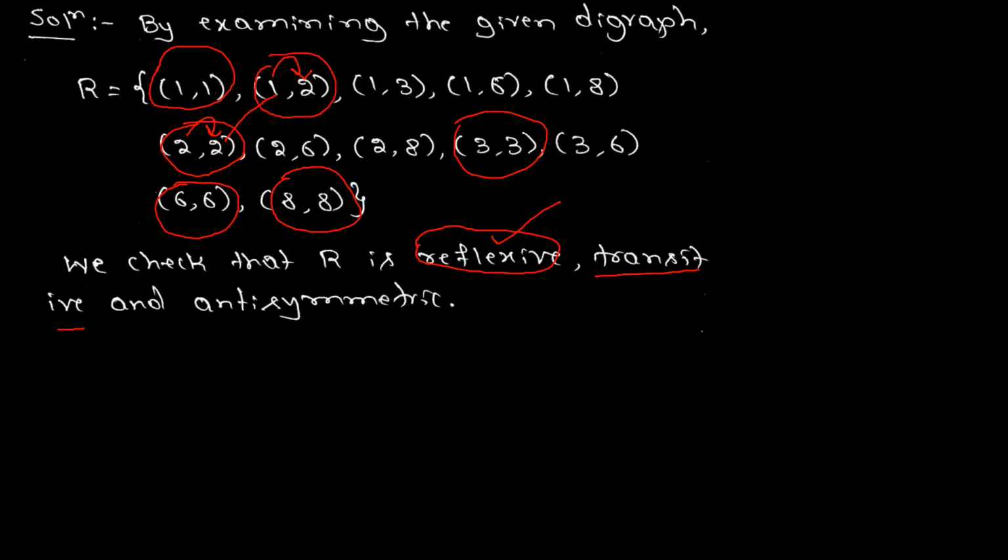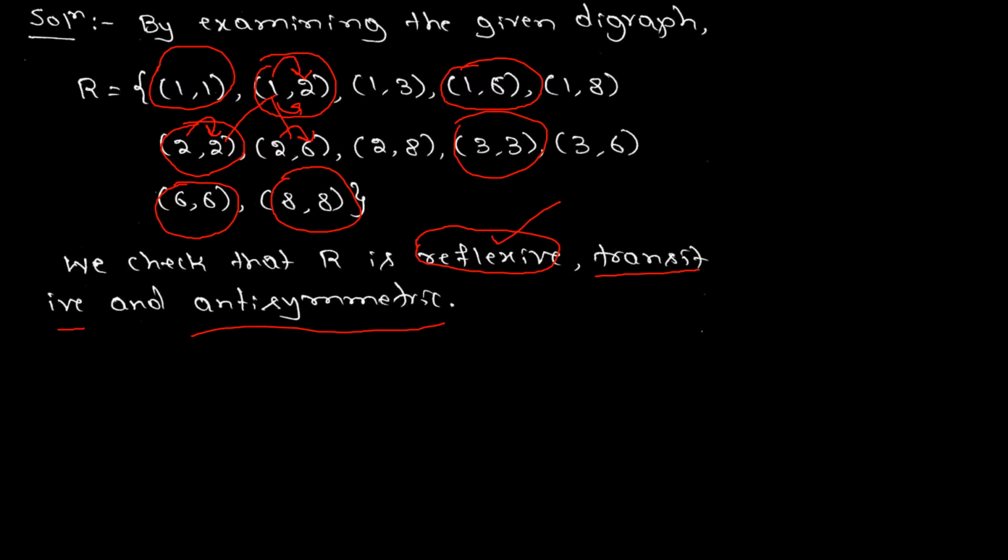If you go for the next ordered pair, we have 1 to 2, 2 to 6, so we expect 1 to 6. Yes, we have this. So the transitivity property holds true for all the elements in R.